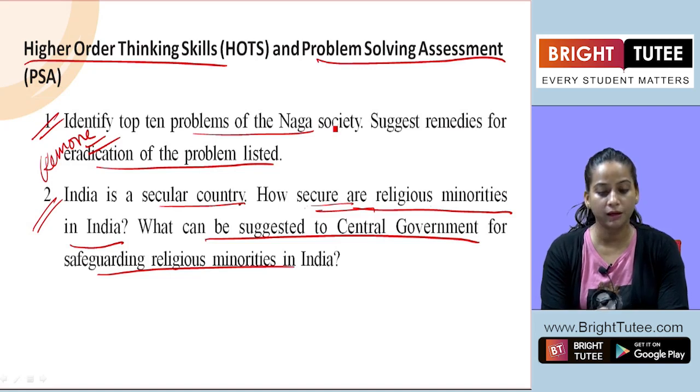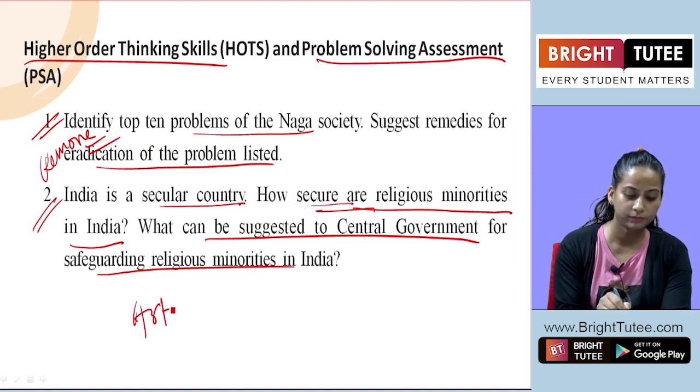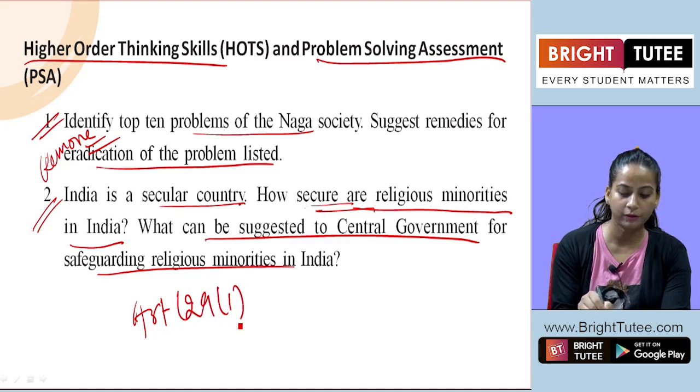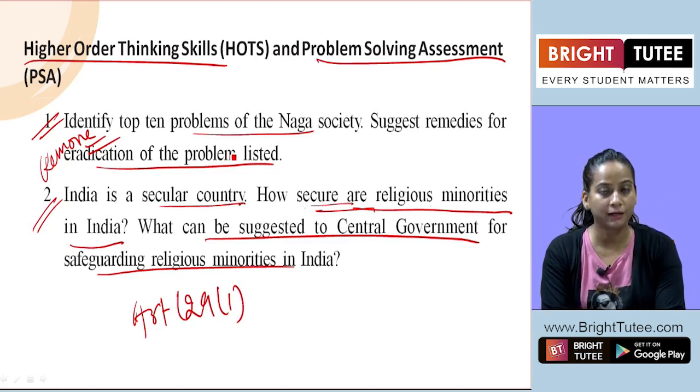When they ask how secure the religious minorities are in India, we have to mention that the Constitution has made various provisions for the protection of their interests, and it has guaranteed various minority rights. We have to mention Article 29 Part 1, which provides the right to minorities to preserve their own language and culture.